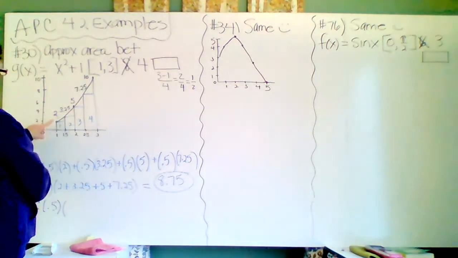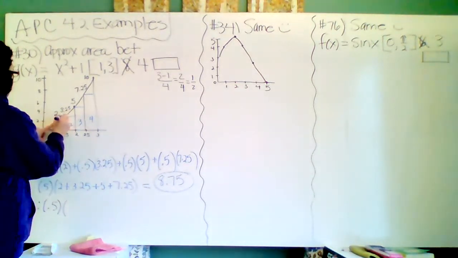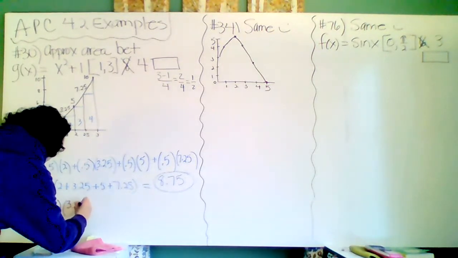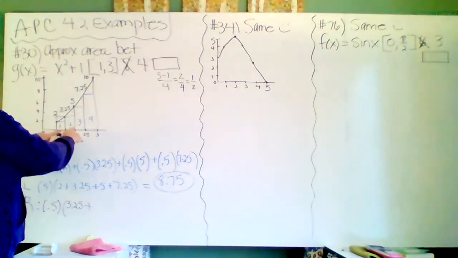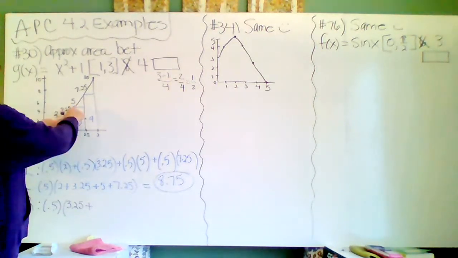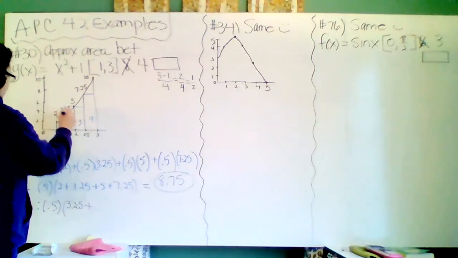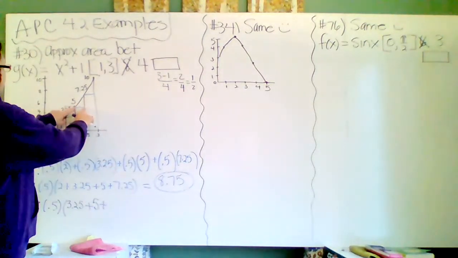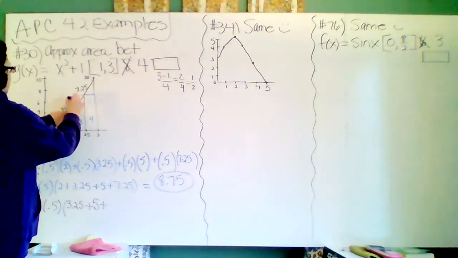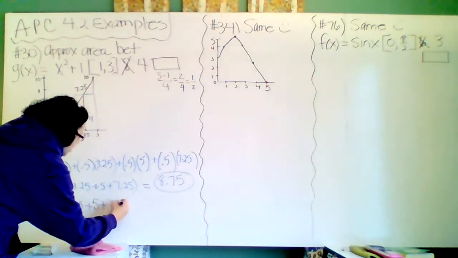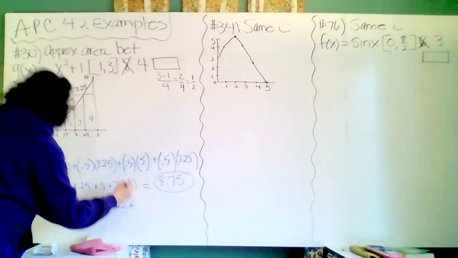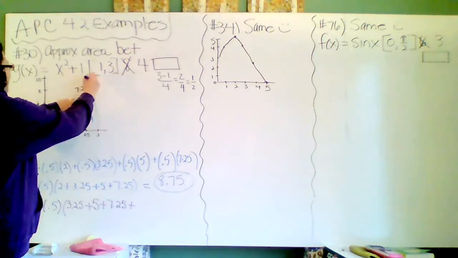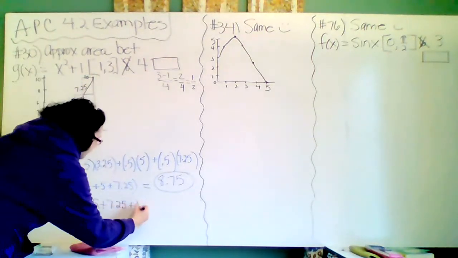First rectangle, left height, right height, we're using right, 3.25. Second rectangle, left, right, we are using the right. Third rectangle, left, right, we are using the right. Last rectangle, left, right, we are using the right of 10.